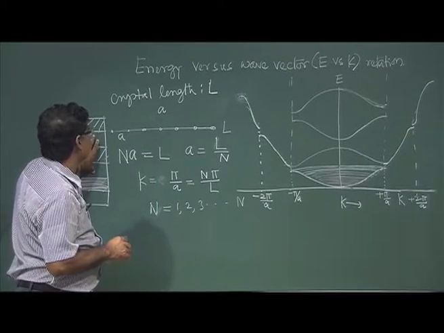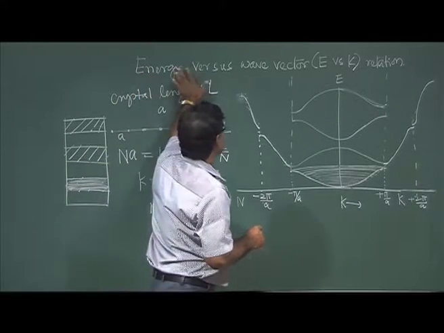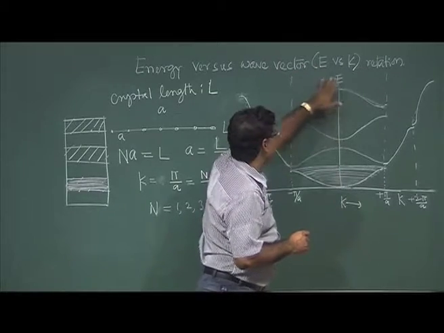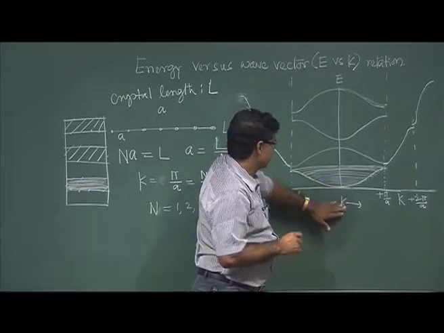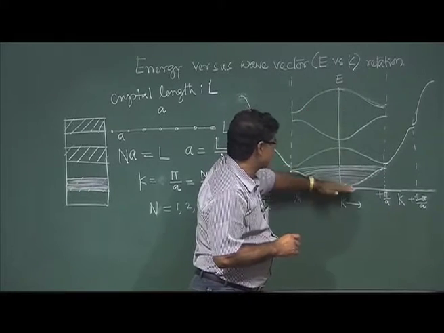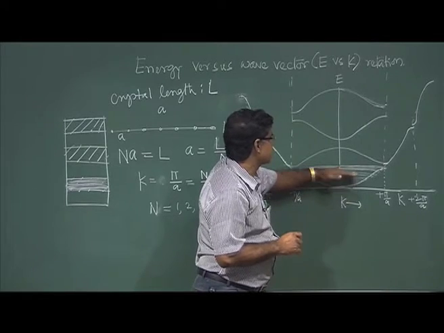This is the result we got, and here it is also clear how the energy is related to this k vector. So now in each band the energy is discrete, and the k value is also discrete.